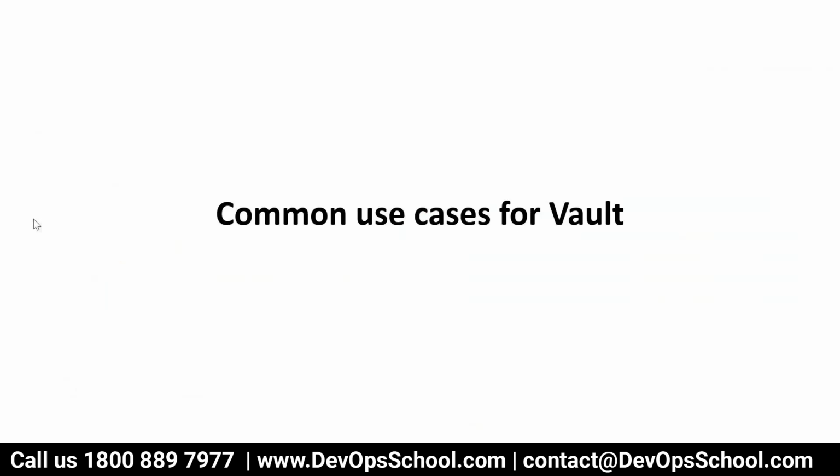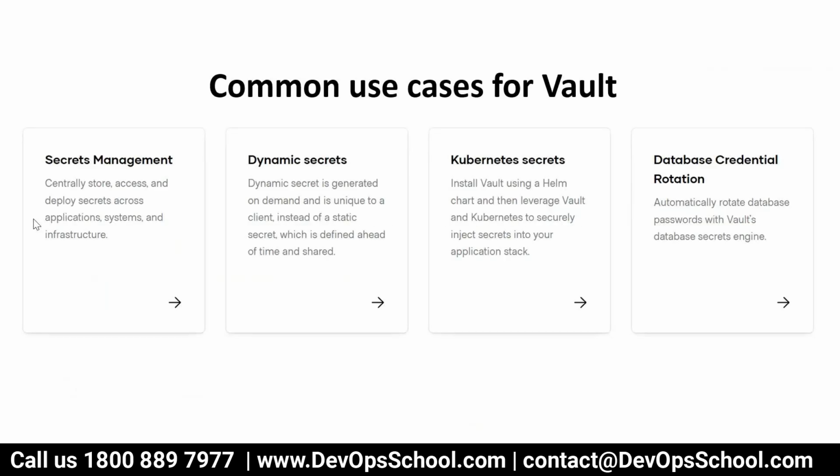So, common use cases for Vault. Secret management and dynamic secrets. Secret management means you can store any kind of secret and access it as you want. Dynamic secret is like an OTP, so you can use Vault for dynamic secret generation also.